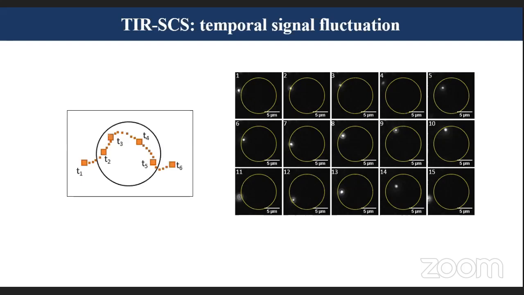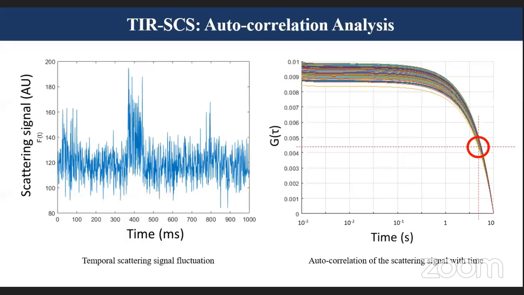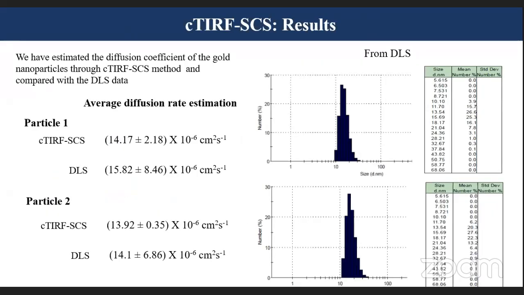So particles in such areas were observed, and this kind of scattering signal was generated. And when we did the autocorrelation analysis, we found that the diffusivity, or diffusion rate, of these particles calculated through our system and through the traditional DLS method are very much comparable.